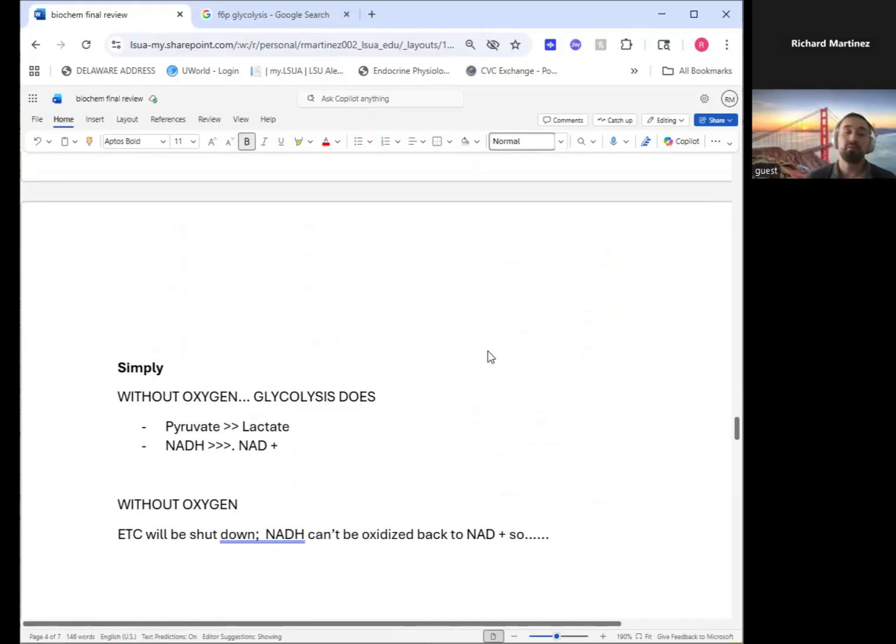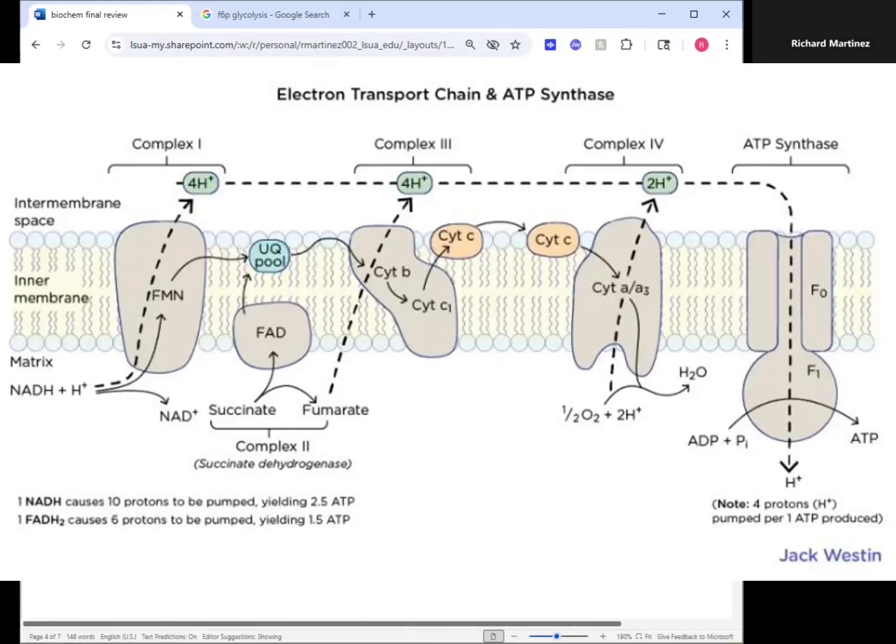The ETC, I can go over that simply, but it's just a place where NADH and FADH2 are converted to ATP. That's it. There's different complexes, so the longer you're in the cycle, the more ATP is produced. So, good question.